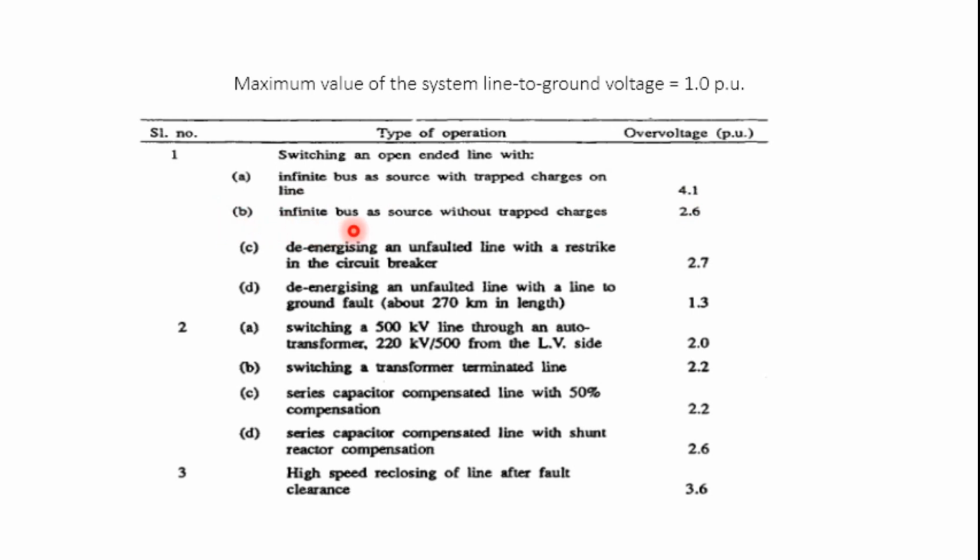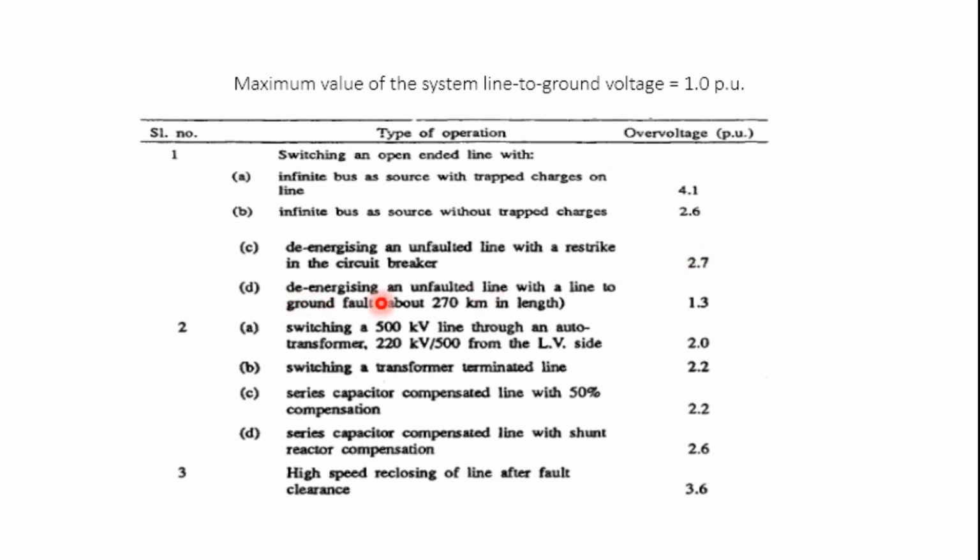If the infinite bus as a source is without any trapped charges, this will be around 2.6 per unit. If there is de-energizing of an unfaulted line with a restrike in the circuit breakers, we are able to limit the voltage to around 2.7.